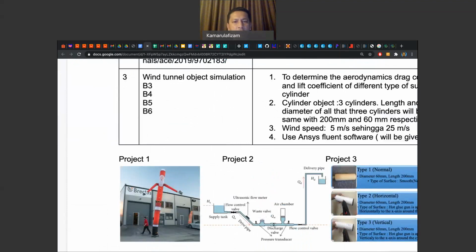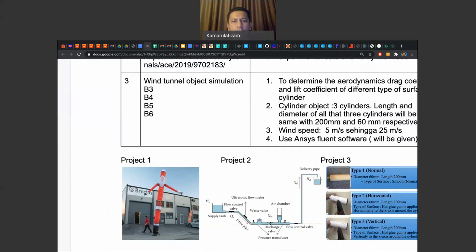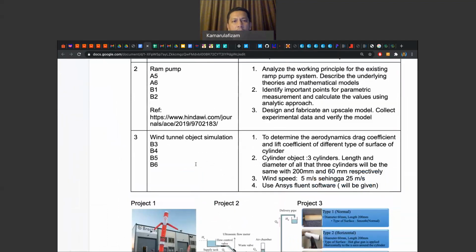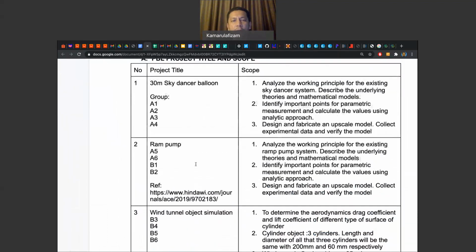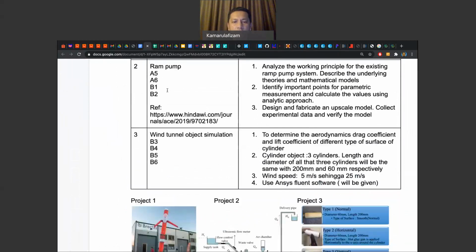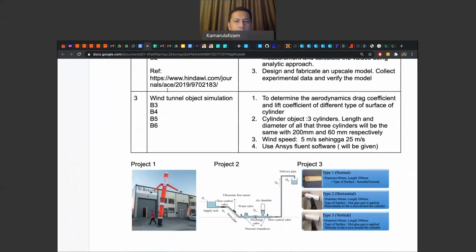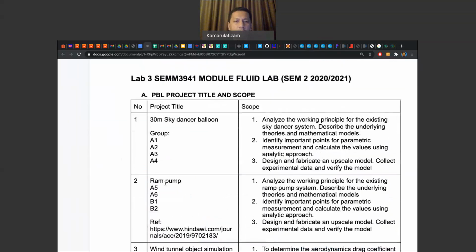You can get a typical size, but for this particular DBL lab, I'm giving you a problem of how to design a 30-meter standing sky dancer balloon. Sky dancer balloons take many shapes. You can propose your own, as simple as a straight line, or you can propose a human shape or any animal shape sky dancer balloon. But the height must be 30 meters.